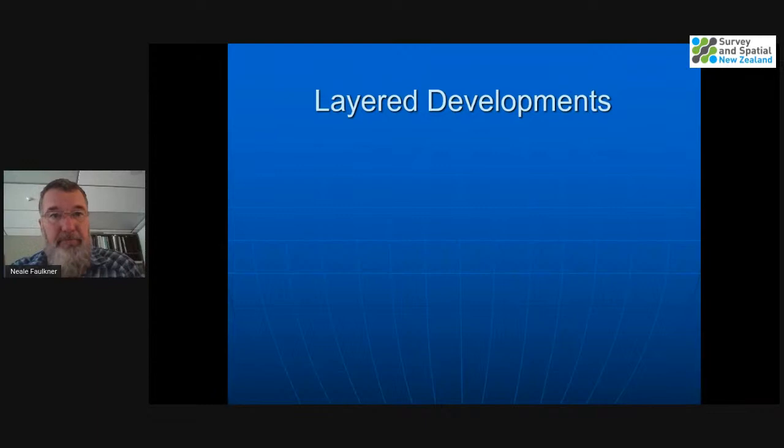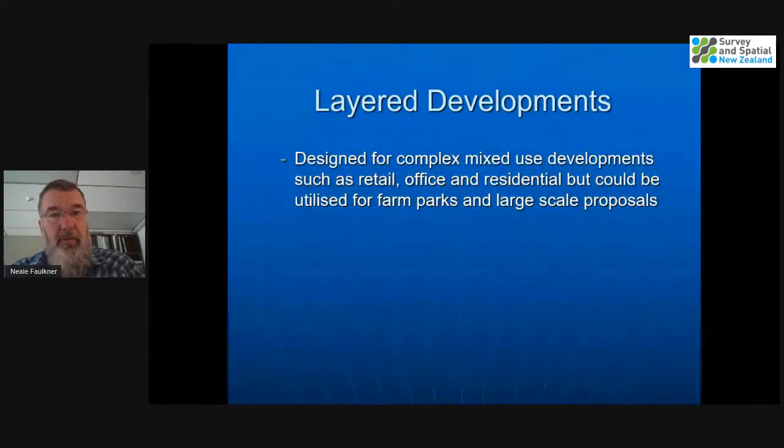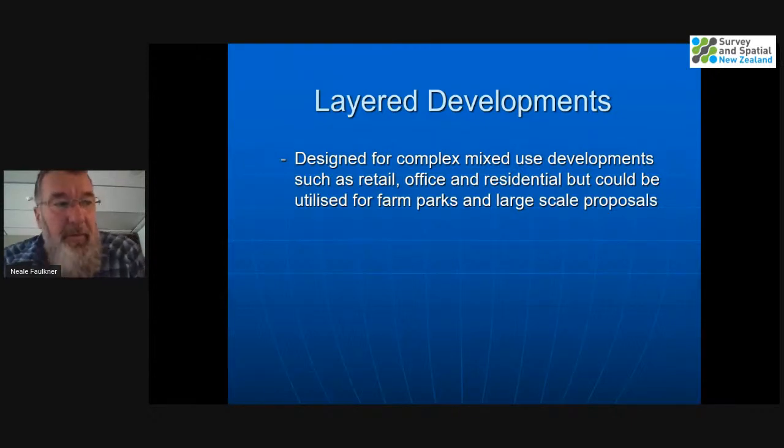Layered developments. When we came to do the 2010 Act, we basically copied the Australian example of unit titles over there, as the old 72-74 Act was mimicked on it. They updated their Act over time, we didn't.